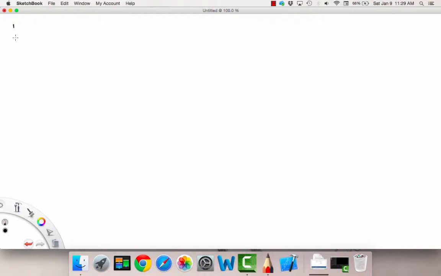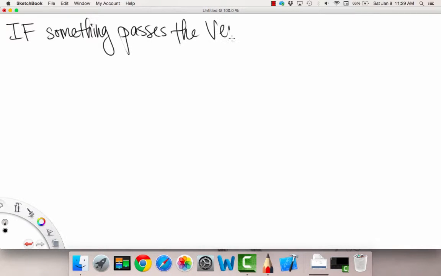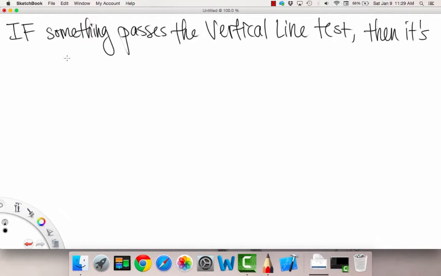Alrighty, so now we're moving on to the next step. If a graph passes the vertical line test, I'm just going to summarize a little bit here, then it's a function, which is good.